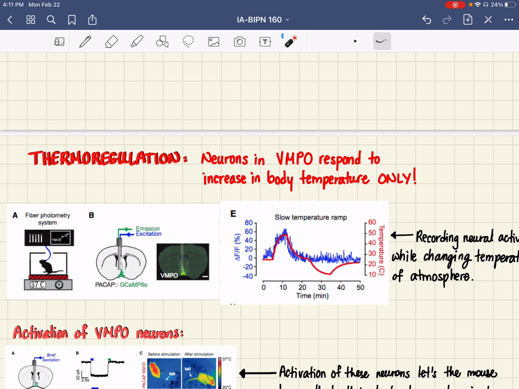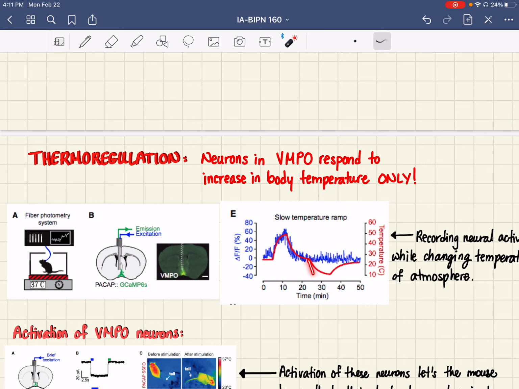You see how the temperature is stable in red, then it increases, then it decreases, then it decreases more, then comes up. The activity, which is shown in blue, is pretty stable with the changes in temperature, except when the temperature dips below regular body temperature.